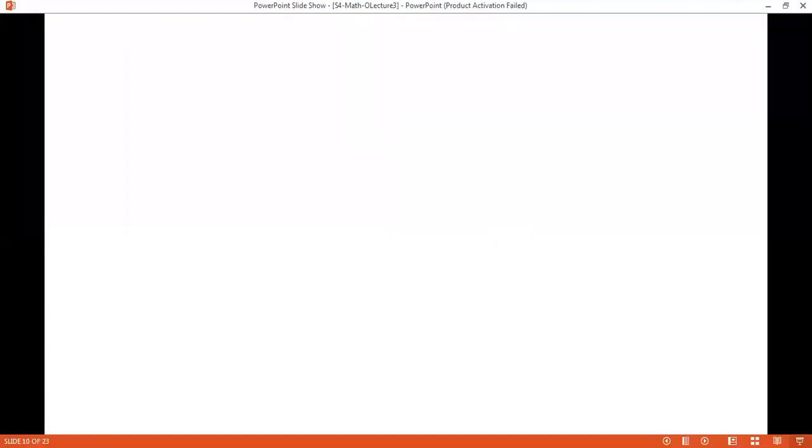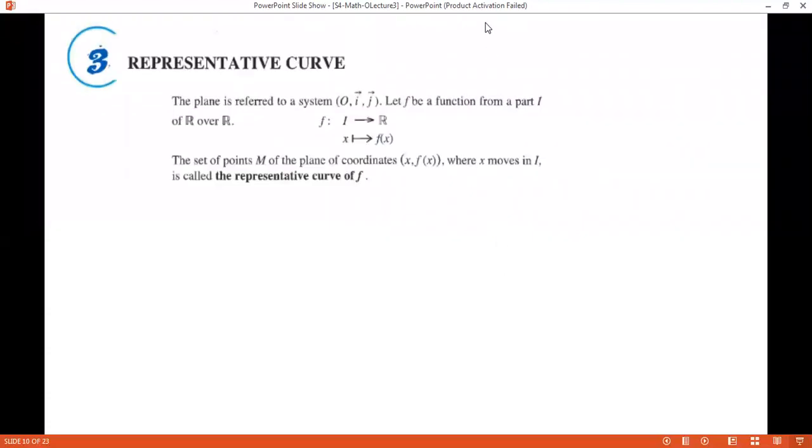And now, let us continue to the third thing we are going to talk about in this video, which is the representative curve, or the drawing of the function. The plane is referred to a system OIJ, and let f be a function from a part I of R to the real numbers.